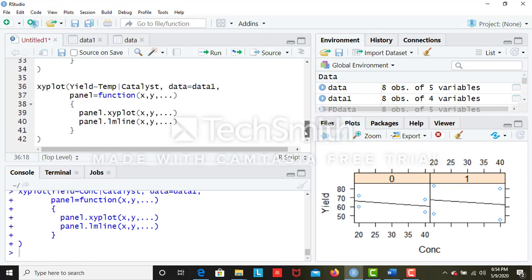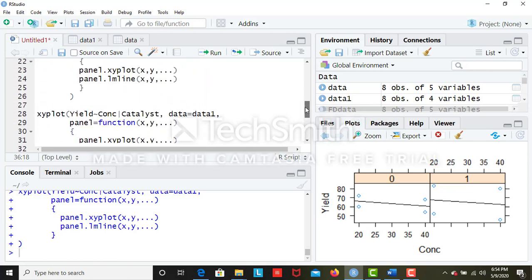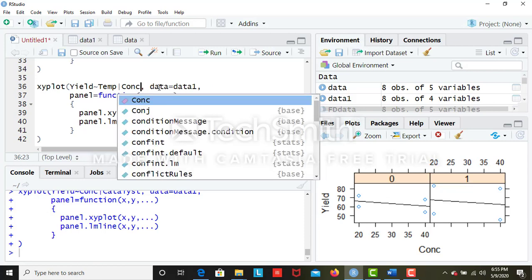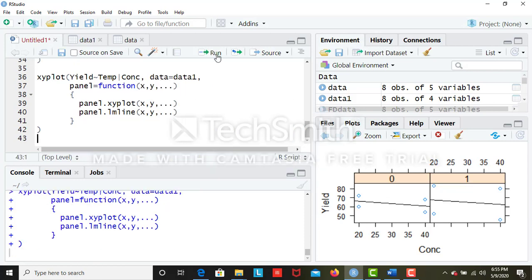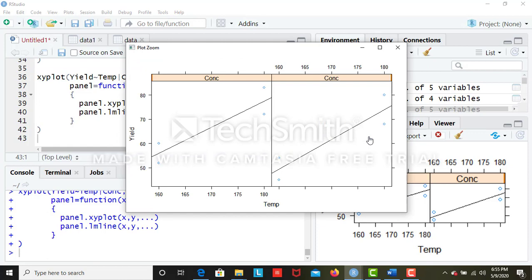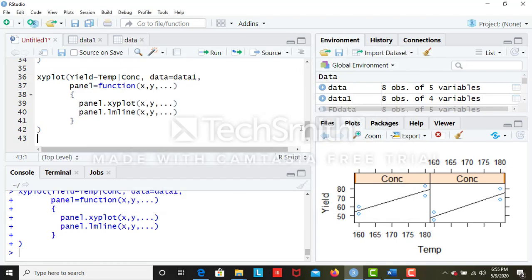Yes, that's what we're going to look at. So here should be concentration. I'm going to run this. Alright, so this is how you can alternatively plot your interaction plot.